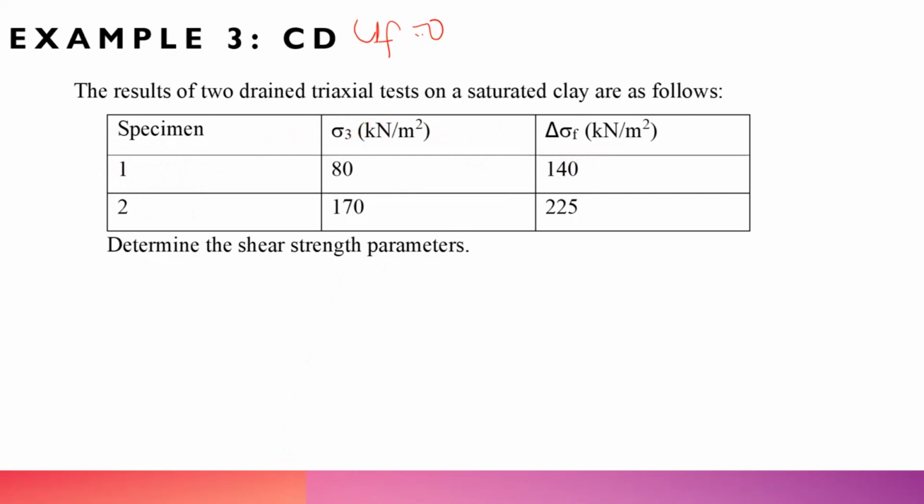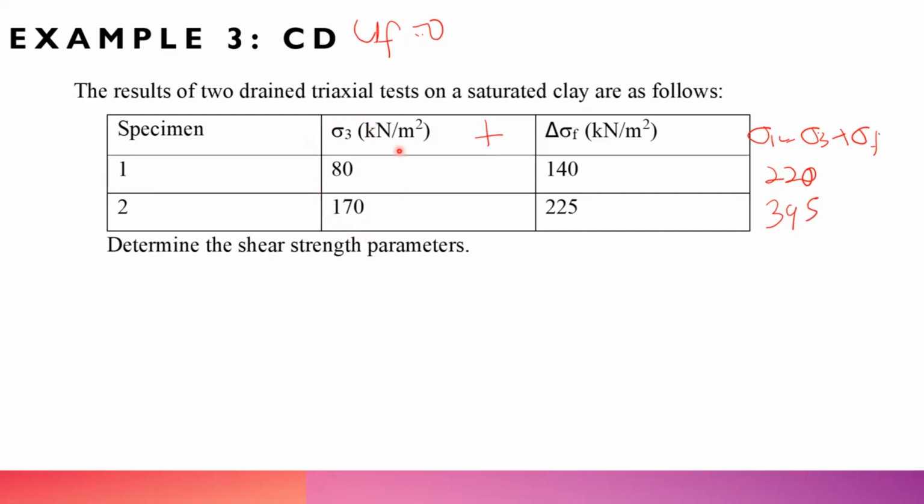So you can straight away calculate sigma 1, equal to sigma 3 plus deviator stress at failure. So 220, 80 plus 140, and 170 plus 225 is 395. So 2 principal stresses have been calculated here.